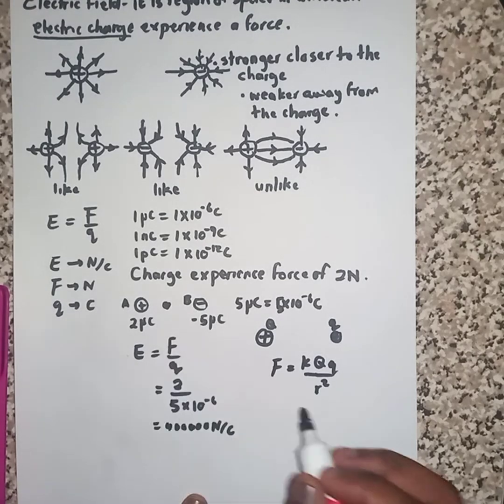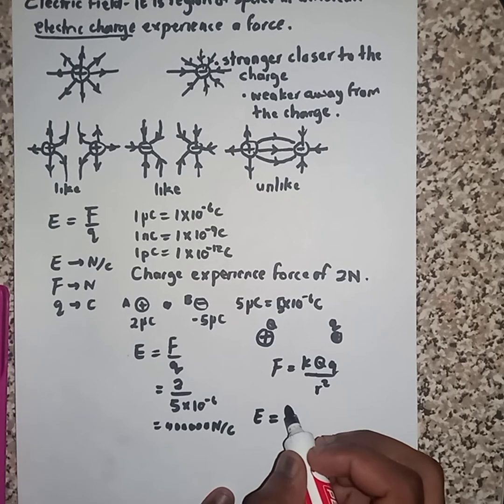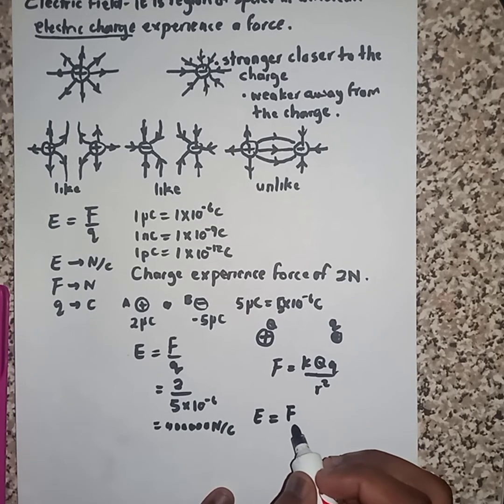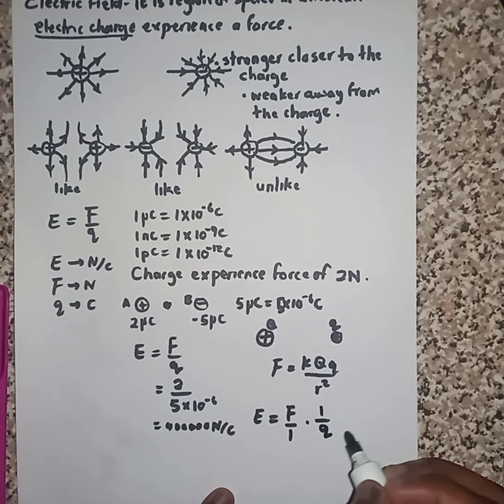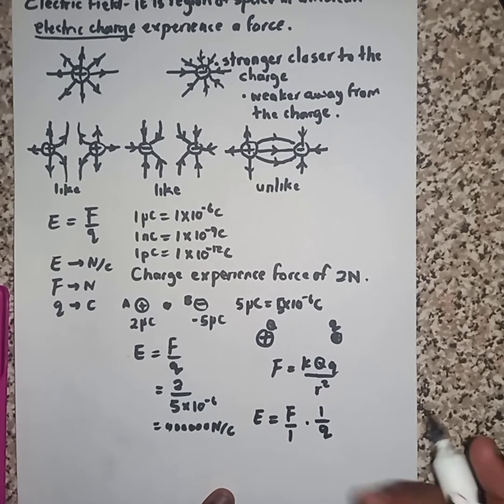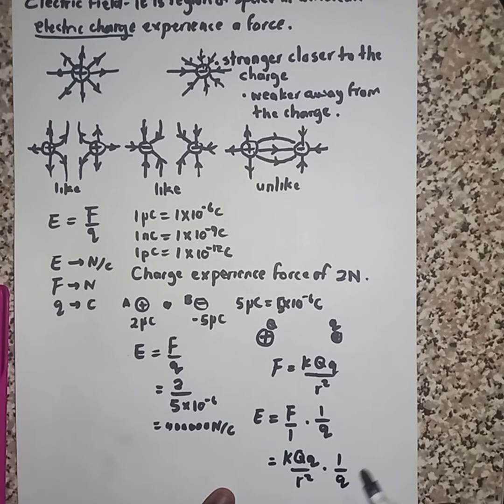If now I decide to take this formula and substitute it where I see F, firstly, let me arrange this one in this manner. F equals F over 1 multiplied by 1 over q. Still one and the same thing, this formula. Then now let me substitute my F, which is K Q together with small q over R squared. Then I multiply everything by 1 over q.